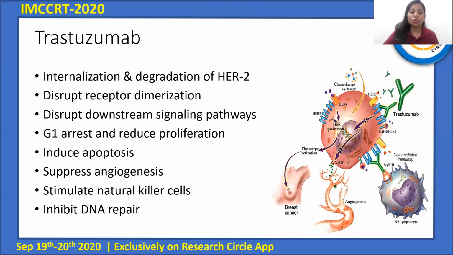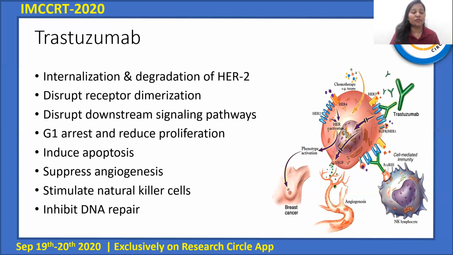Apart from this, other monoclonal antibodies like adalimumab, which is mainly used against TNF alpha, infliximab, omalizumab, which is against IgE, daclizumab, and others. All these are mainly used against rheumatoid arthritis, Crohn's disease, asthma, and during rejection of kidney transplant.